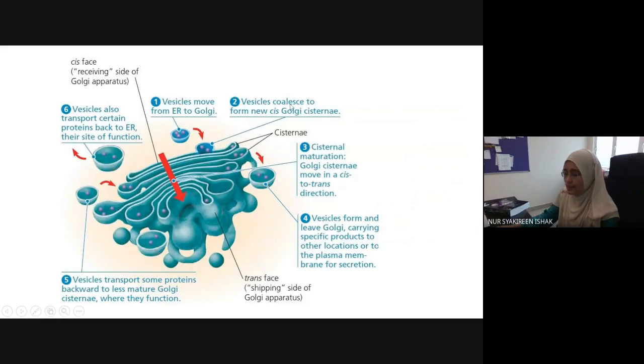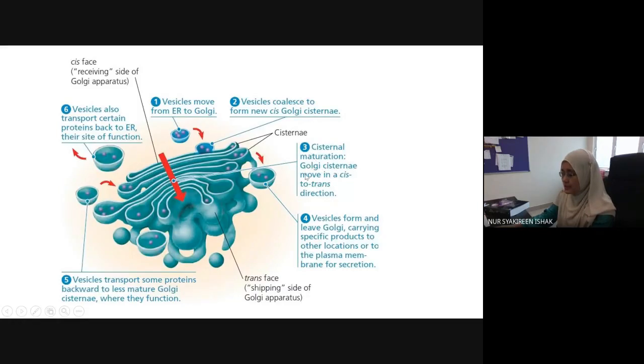Okay, the same explanation. So you have here the transport vesicles that are produced by the rough ER. Okay, vesicles move from the rough ER to the Golgi. Okay, and then the vesicle merges with the membrane of the Golgi and now becomes the membrane of the Golgi apparatus, or the Golgi cisterna. And then the cisternal maturation.